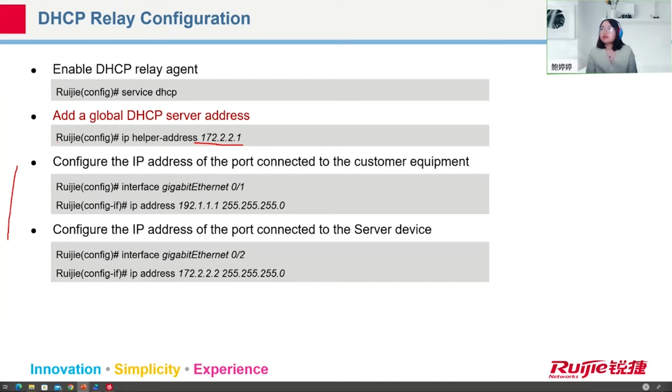And later, this device will become the DHCP relay and receive the DHCP discover message from the client. It will direct it and convert it to unicast. The destination IP address will become 172.2.2.1. So this is the configuration of the relay.